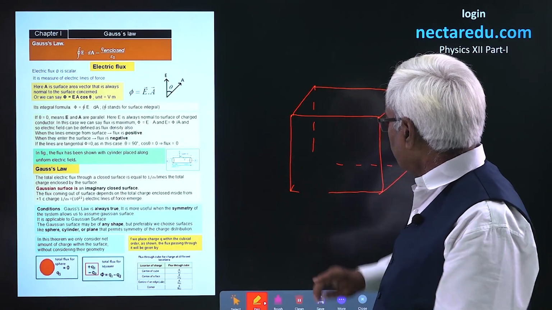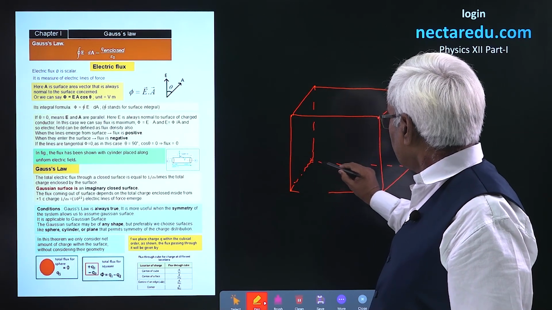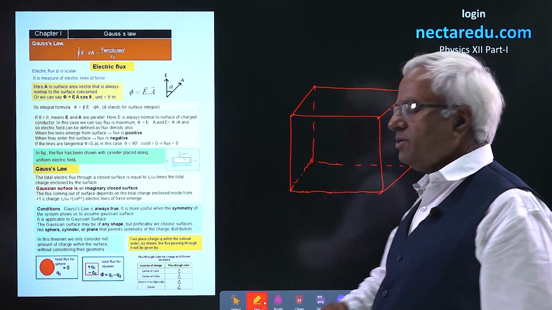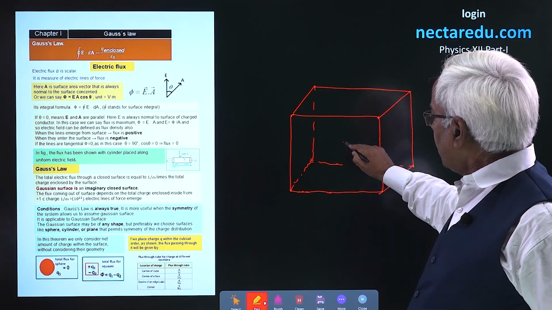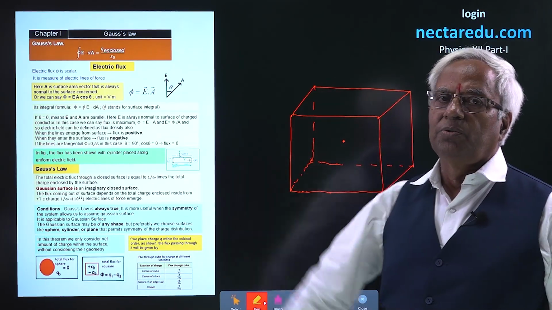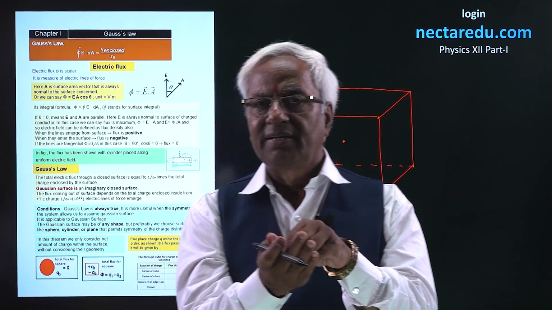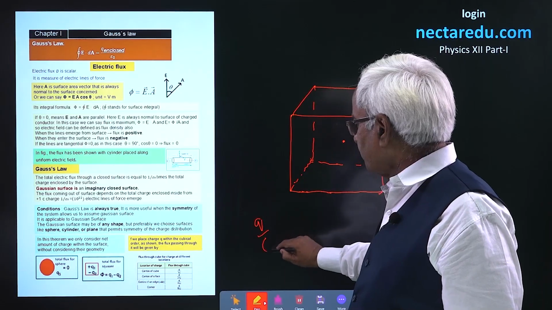Here it's a cube having 12 edges, 6 faces, 8 corners. If we consider a charge at the center of the cube, within the cube at its center, the total flux coming out will be Q upon epsilon naught.